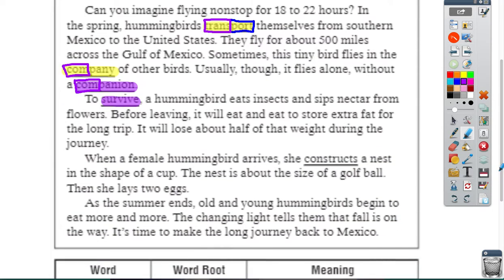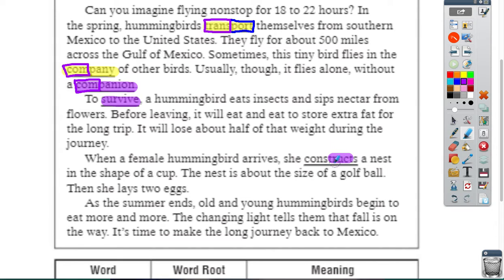We talked about the word root viv. A hummingbird eats insects and sips nectar from flowers. Before leaving, it will eat to store extra fat for the long trip. It will lose about half of that weight during the journey. When a female hummingbird arrives, she constructs a nest in the shape of a cup.